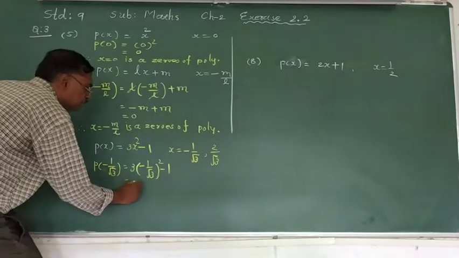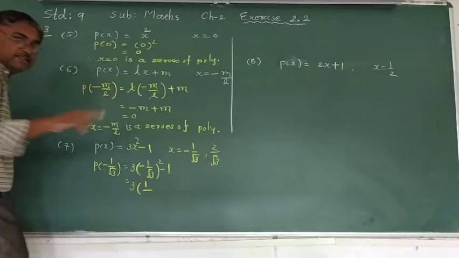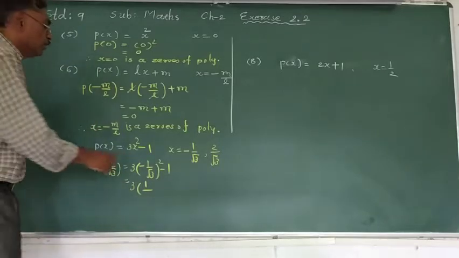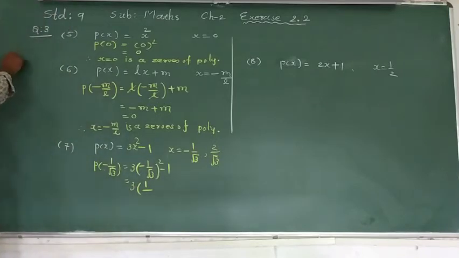Minus 1 multiplied by minus 1 two times, we will get 1. Now root 3 square: root 3 multiply root 3 is root 9, and root 9 is 3. So we obtain the square in this way.